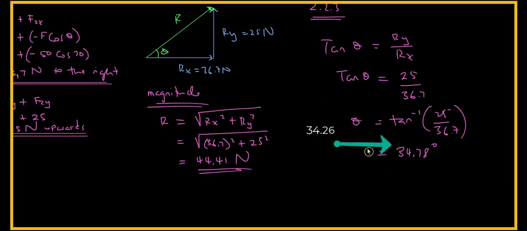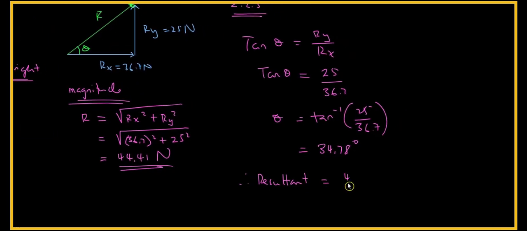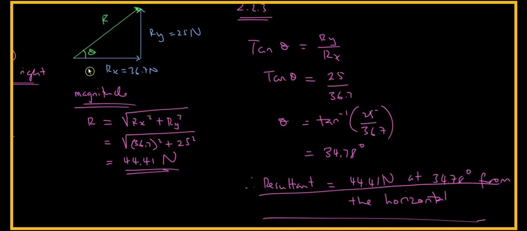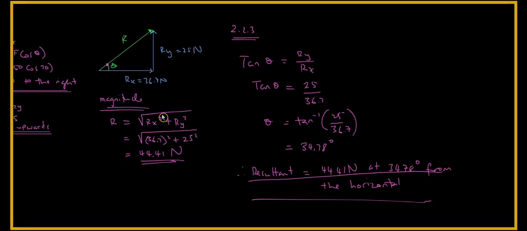So we can then say, therefore, our resultant is equal to 44.41 newtons at 34.78 degrees from the horizontal. My angle is being measured from the horizontal here, right? So that's how I conclude and say it's from the horizontal. But if you draw a triangle in another way, then you arrive at a different conclusion.